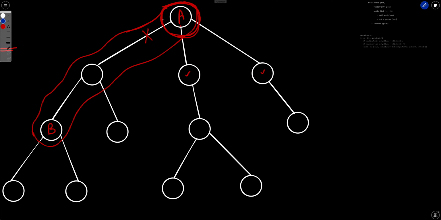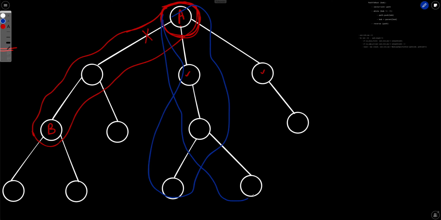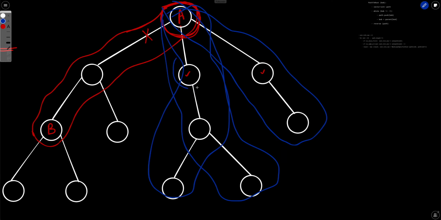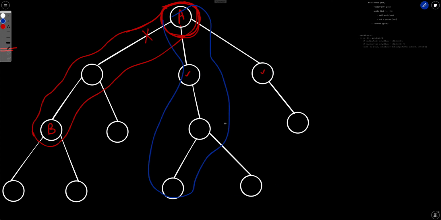There are a couple of paths here: this is one path, this is another, and this is another. If we take the maximum across these two nodes, we get the maximum across all three paths, because all these paths either go through this node or through this node.